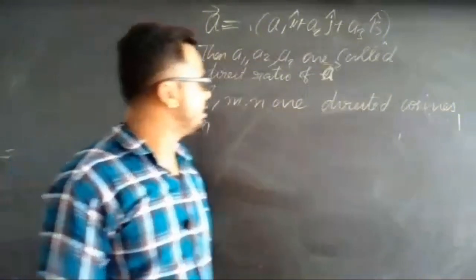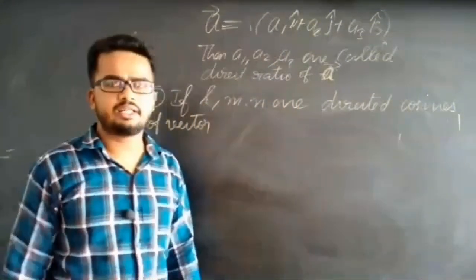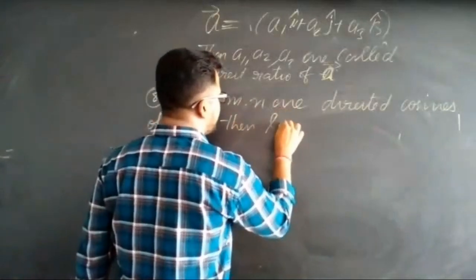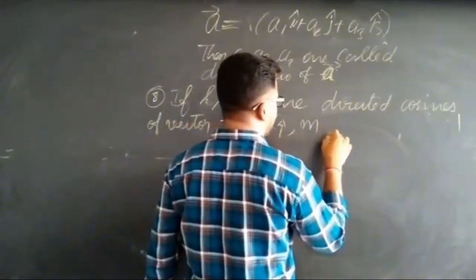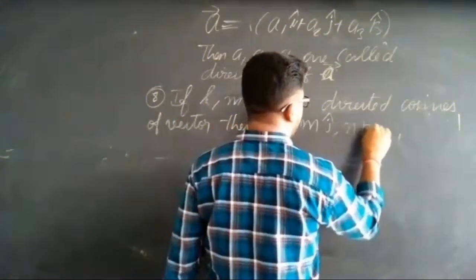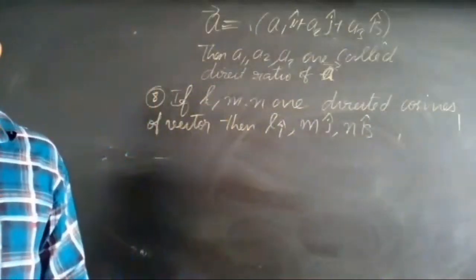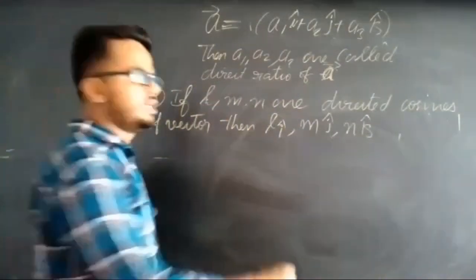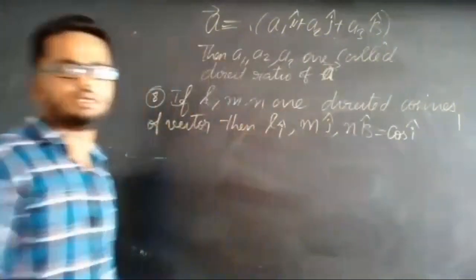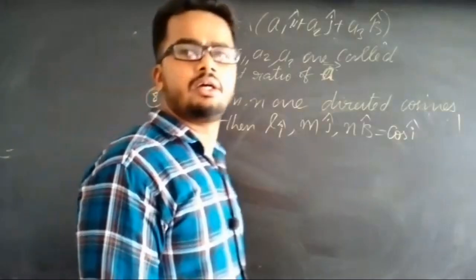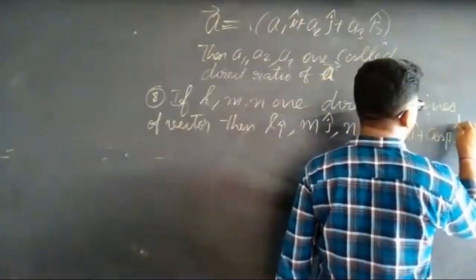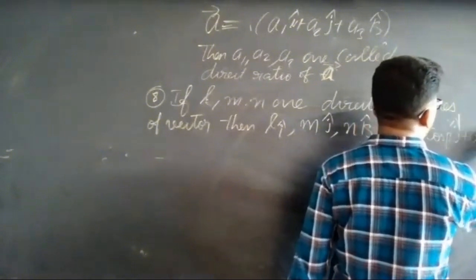If l, m and n are direction cosines of a vector, then l i, m j, n k will be equal to cos alpha i, cos beta j, cos gamma k.